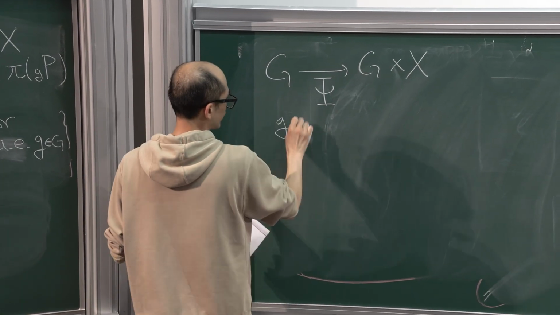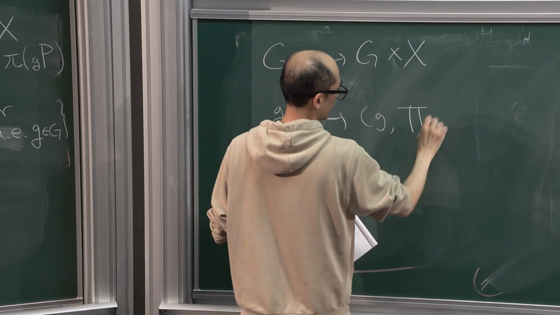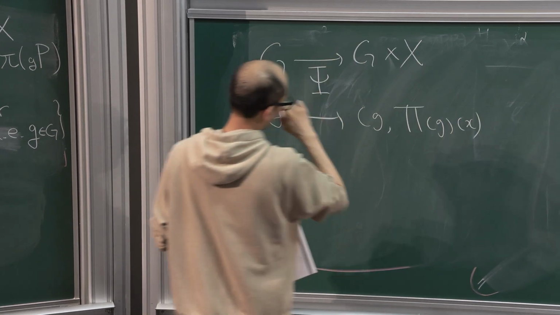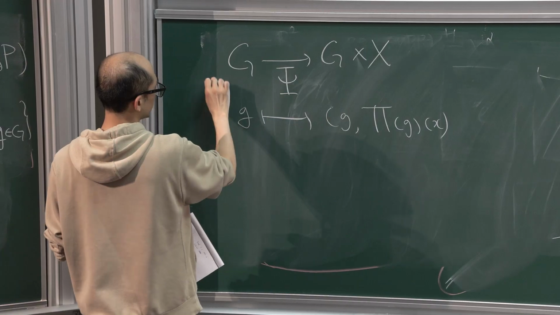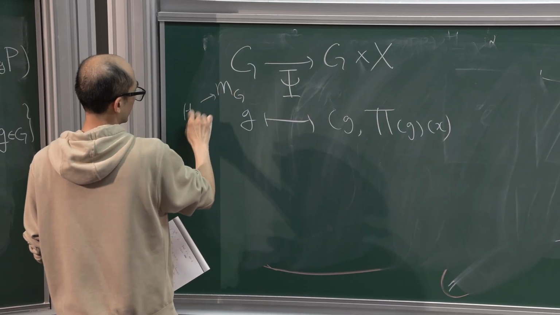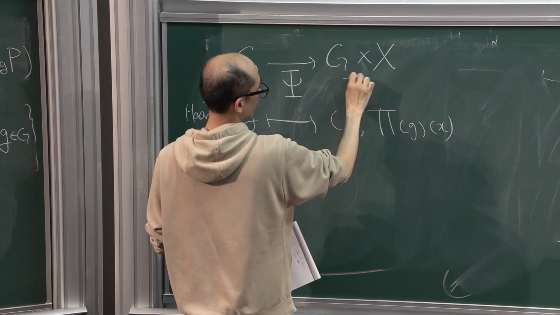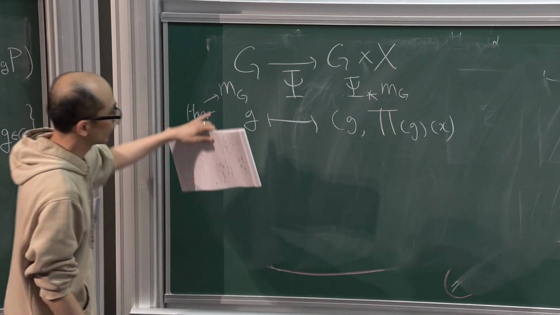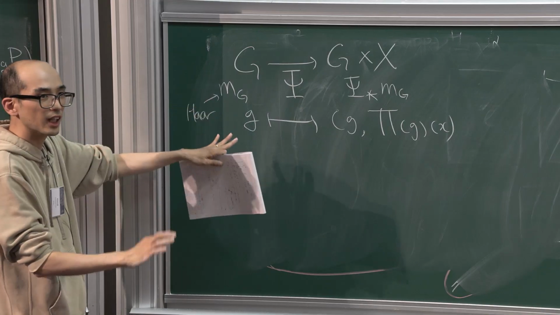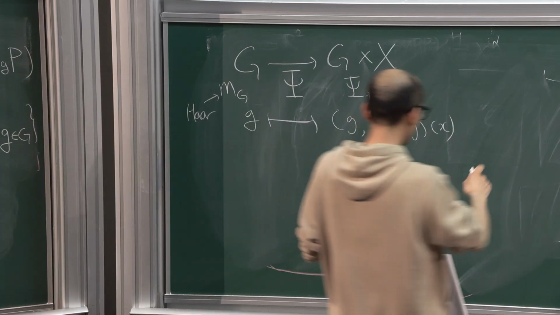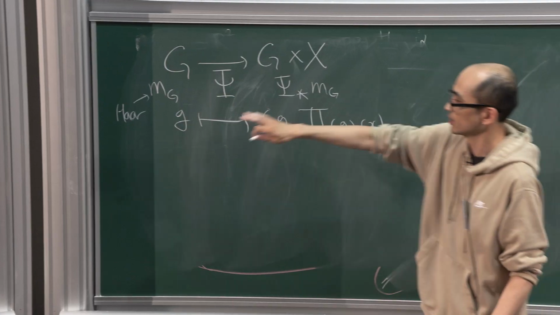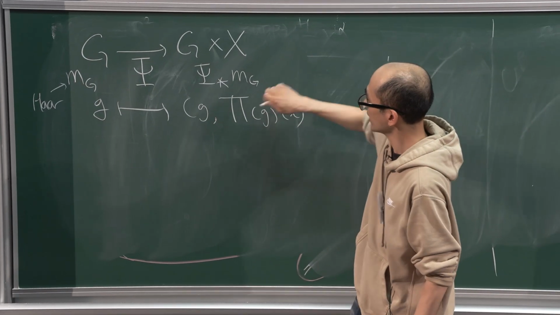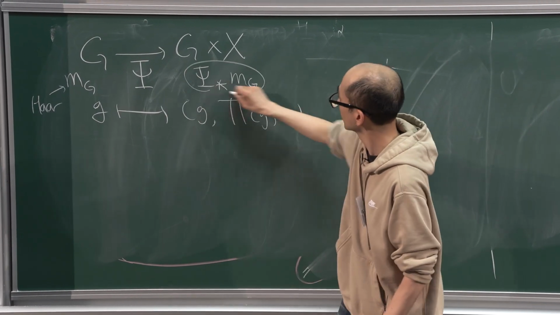And this is just G goes to G comma pi of G of X. And then the measure I want to think about is the Haar measure on here, and then the push forward measure on here. If you don't want to track the measure, that's fine, because this is somehow almost in there. But let's see, I want to think about the measure on here and here.